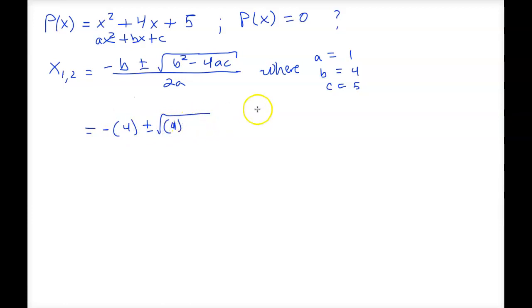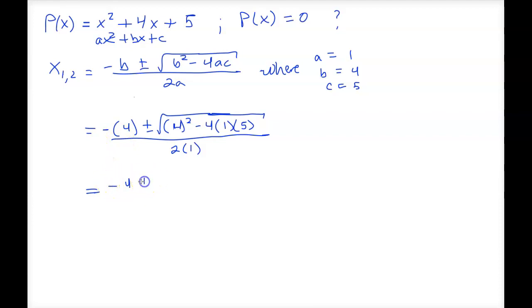the square root of b squared minus 4a, which is 1, c, which is 5. And all that divided by 2 times a, which is 1.